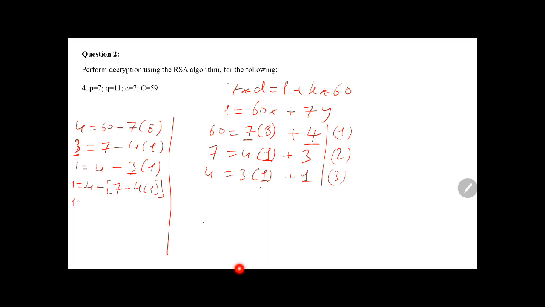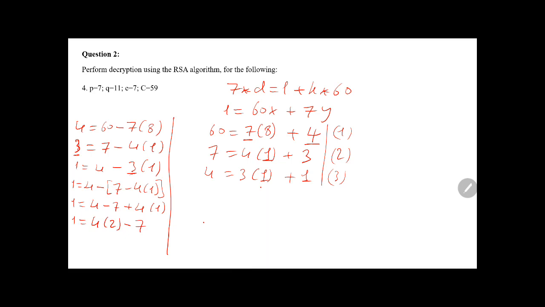So it will be 1 equals 4 minus 7 plus 4 multiplied by 1. So we combine the 4 here and the 4 here. So it will be 1 equals 4 multiplied by 2 minus 7.